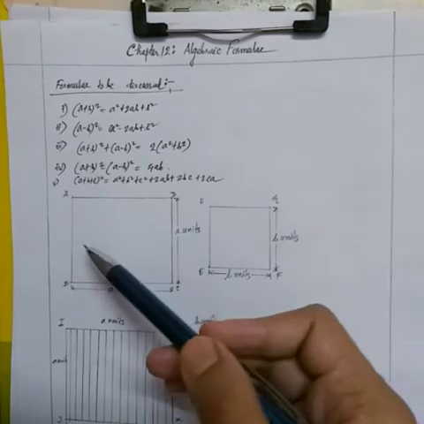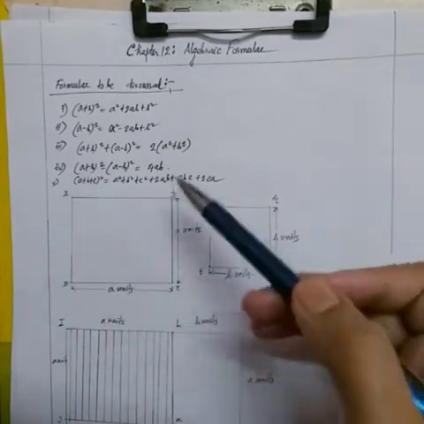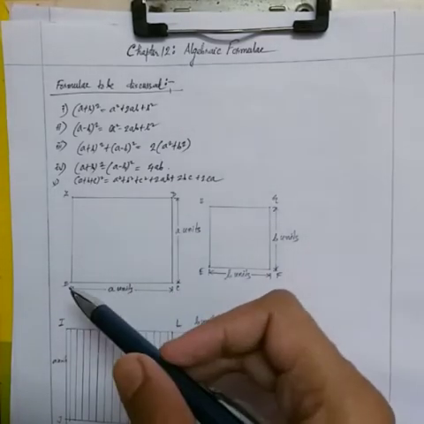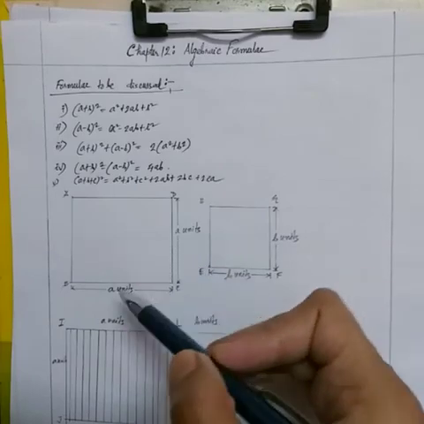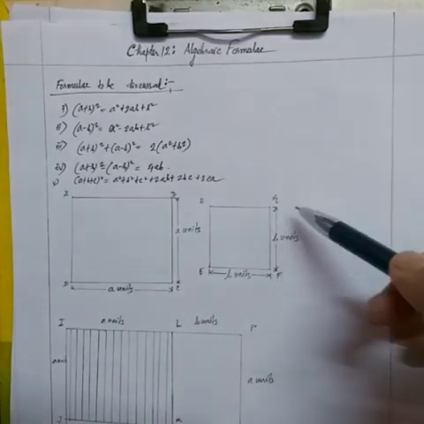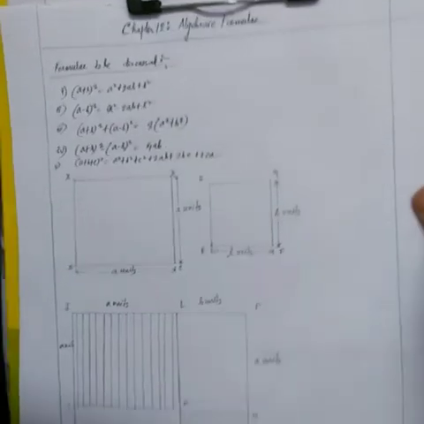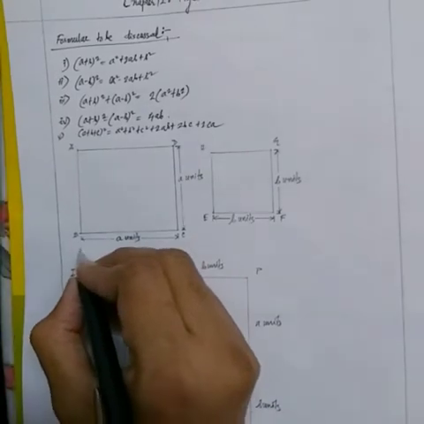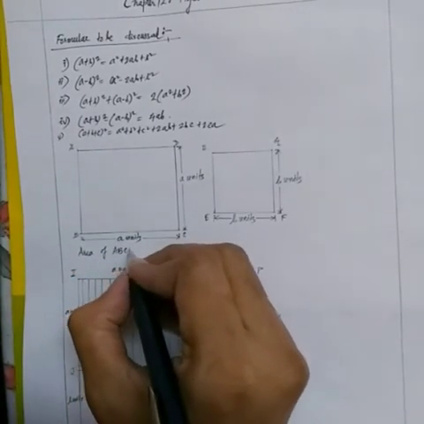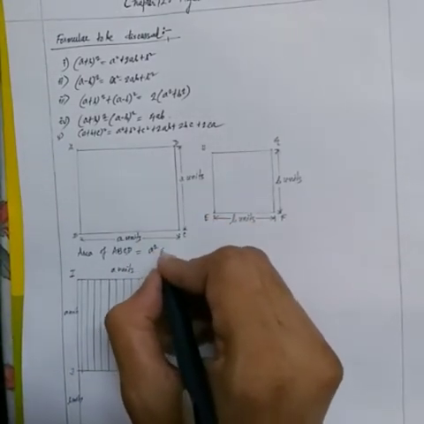You can see that first I have drawn two squares. The first square ABCD is of side a units, that means each side of this first square measures a units, and there is a second square HEFG of which each side measures b units. If I write the area of ABCD, this first square, it should be a square units.